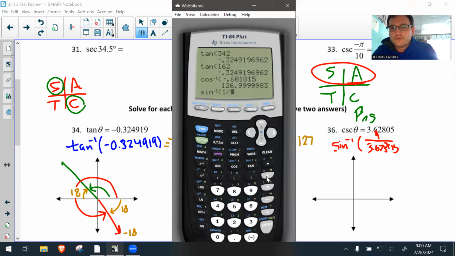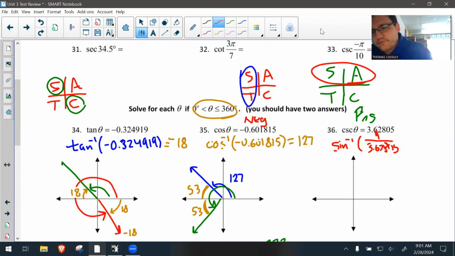So we have the inverse sine of 1 over 3.62805. That's 16 degrees. So this one is a 16-degree angle. Here we go, one of our answers, 16 degrees.